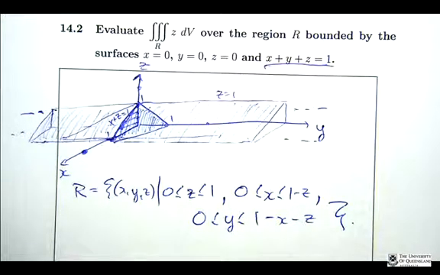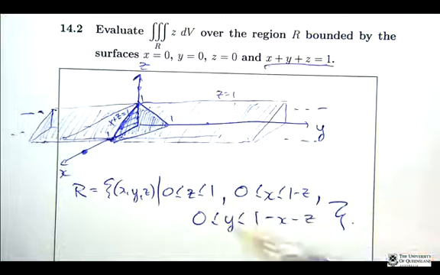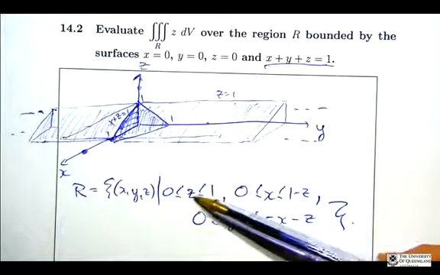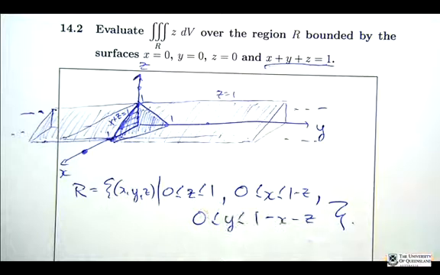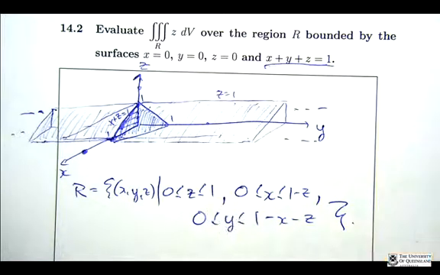And this is why I said in my comment earlier about how I think about how these bounds work. I always think about the constant bound first. Once more, it's telling us that all points in the region are bounded between z equals 0 and z equals 1. So stating this first bit of information is just saying the region lies between the two planes.